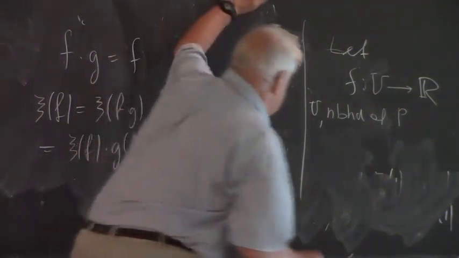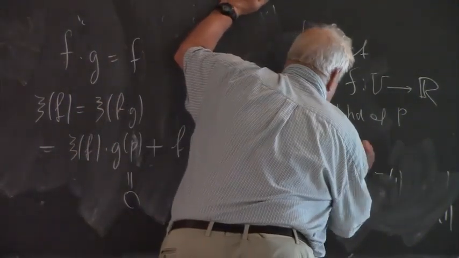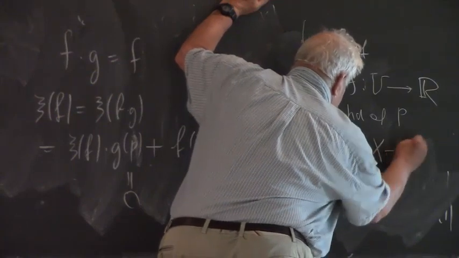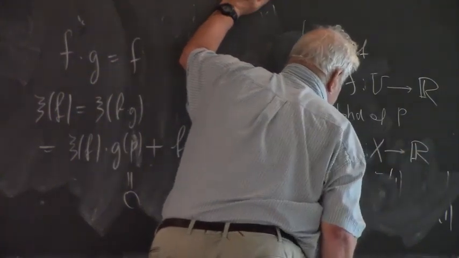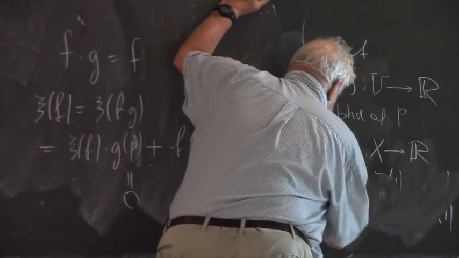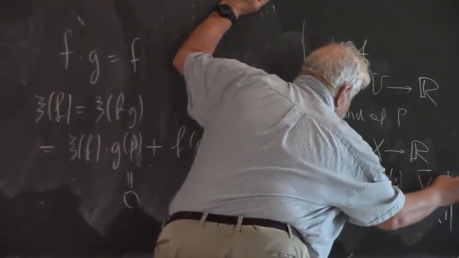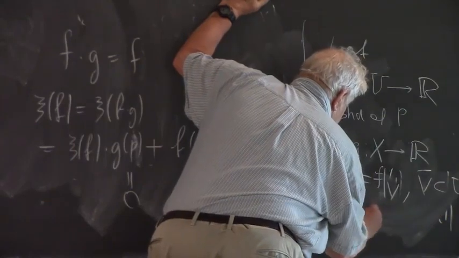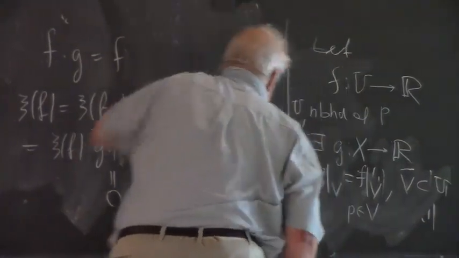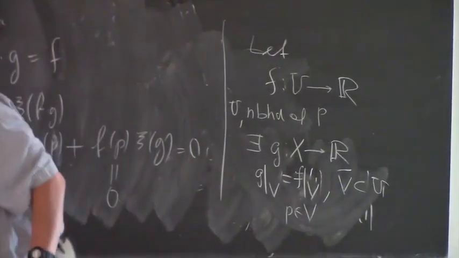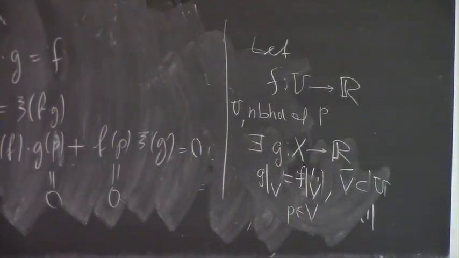Then there exists a function g, X in R, such that g and f agree on some neighborhood of p, which is contained with its closure in U. We did this.